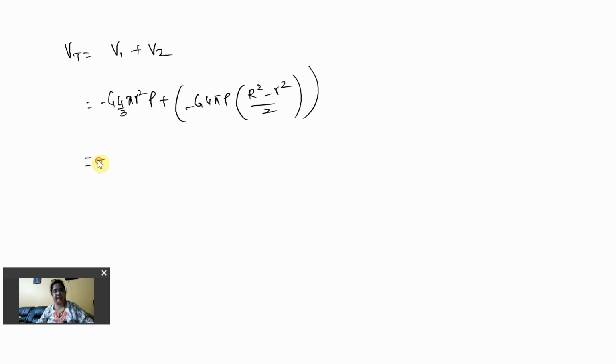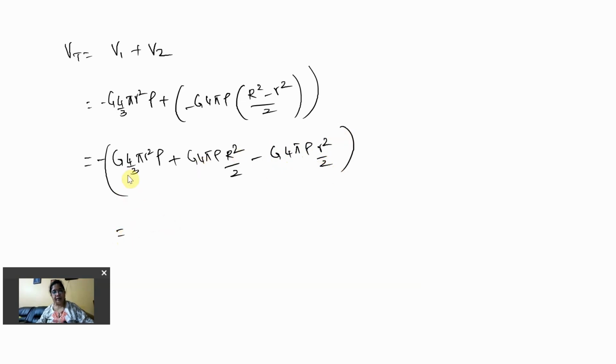Now I'll take the minus outside: minus G 4 by 3 pi r square rho, plus G 4 pi rho R square by 2, minus G 4 pi rho r square by 2. Remember, I have taken the minus outside. I want to take G 4 pi by 3 into rho as common.